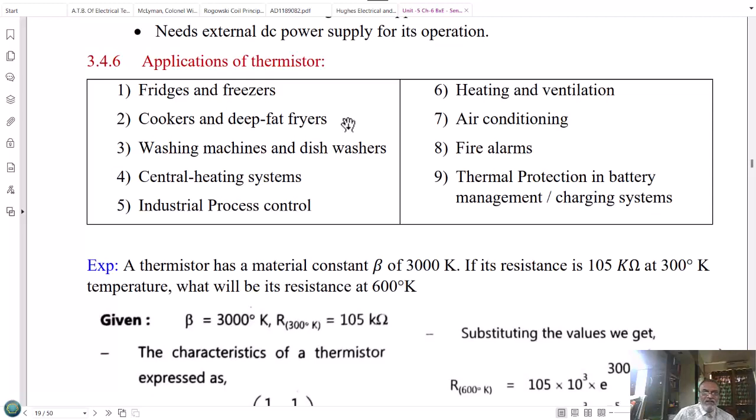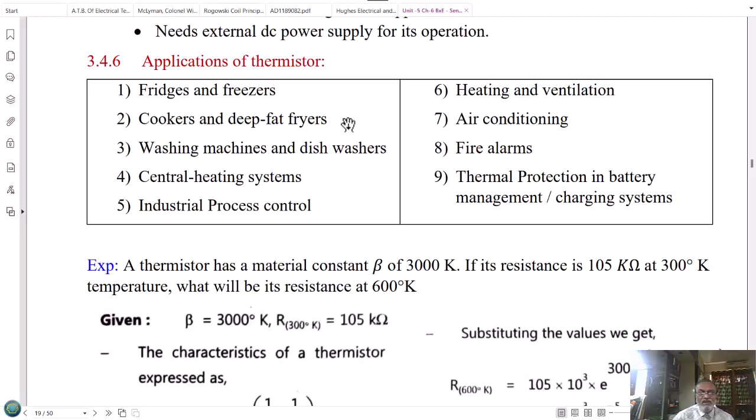In a central heating system or centralized AC system, normally thermostats are used for detecting the environmental temperature in that atmosphere, and when the temperature reaches the set value, the system will be cut off so that temperature will be controlled.